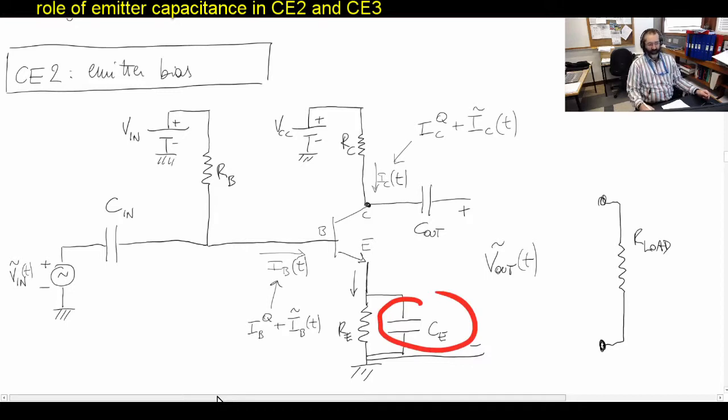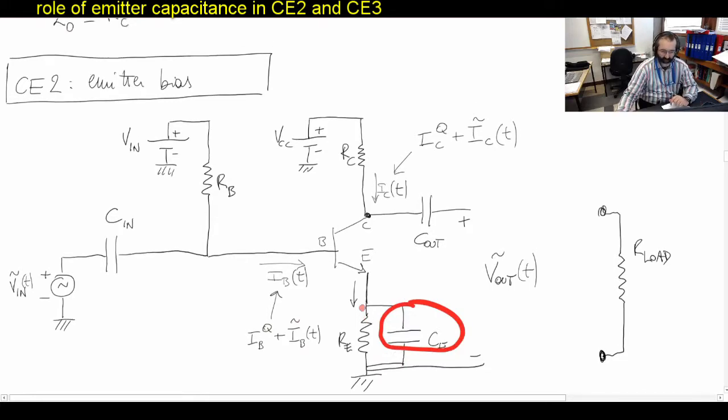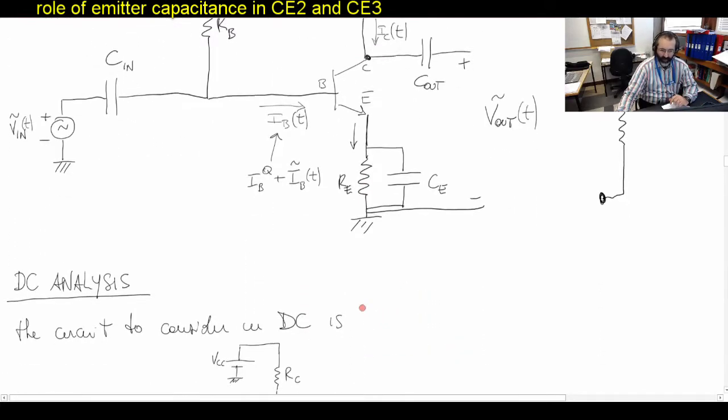We've seen this both in the CE2 emitter bias configuration and also in the CE3 emitter voltage divider. The result is the same because the circuits are very similar anyway. So let us discuss which might be the role of this capacitance.